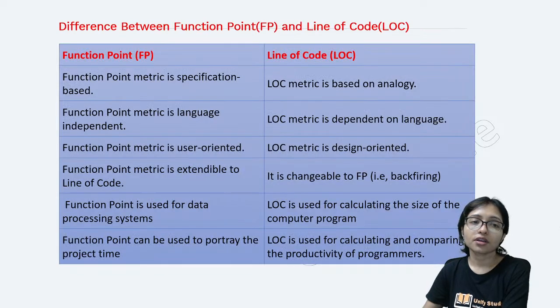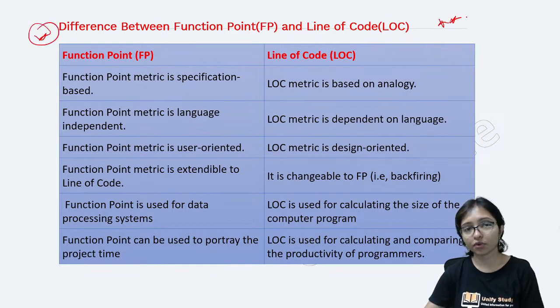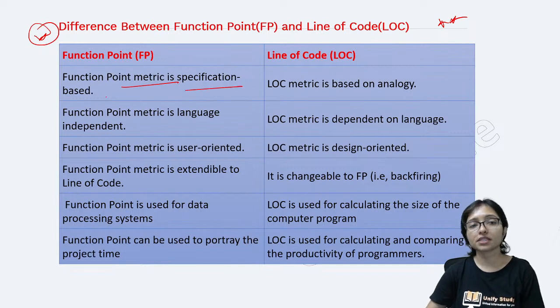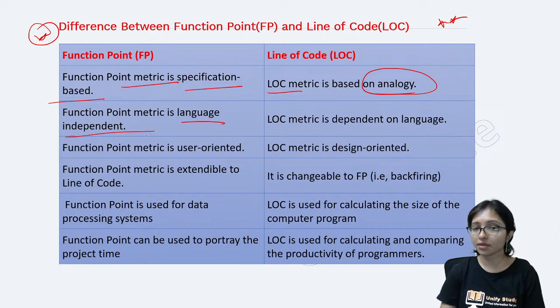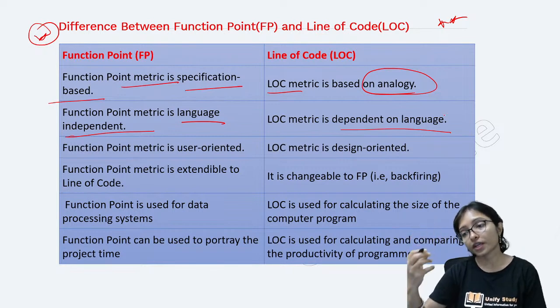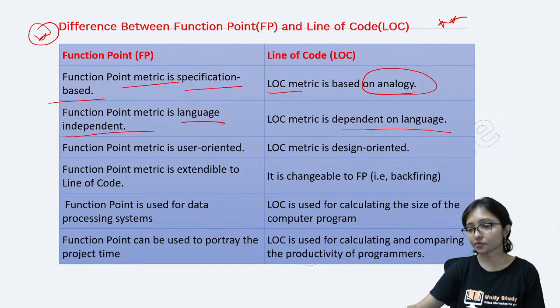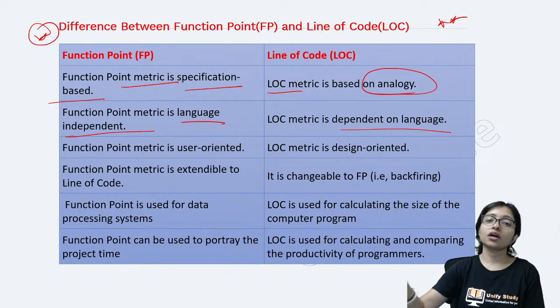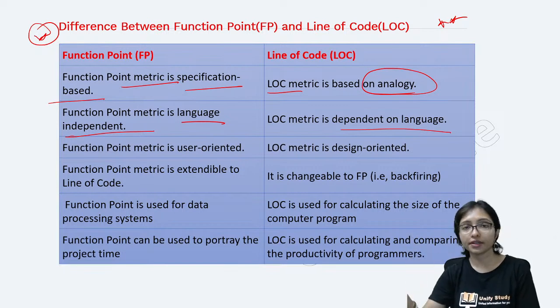Here you can see the difference between function point and LOC. Very, very important. Function point metric is specification based, LOC is analogy based, line of code. Function point metric is language independent. Here it is language dependent, because whenever you are writing code in Java and whenever you are writing code in Python, the lines of code may be different.